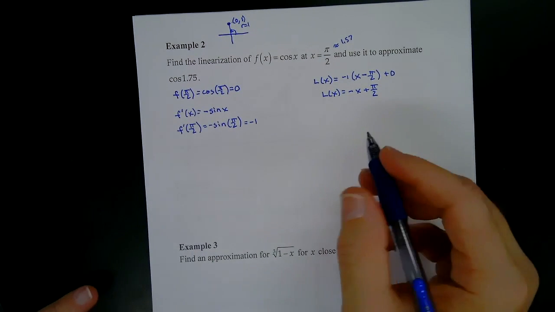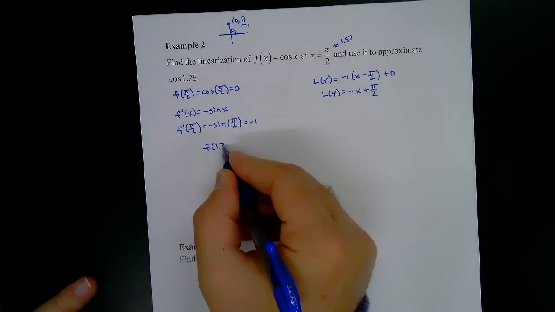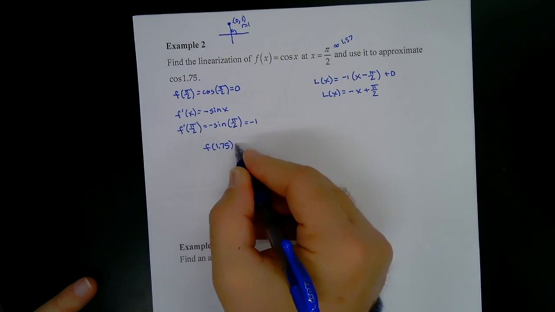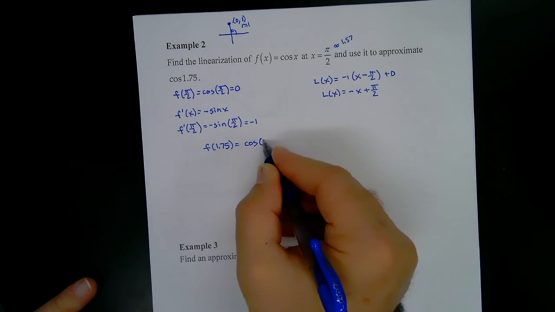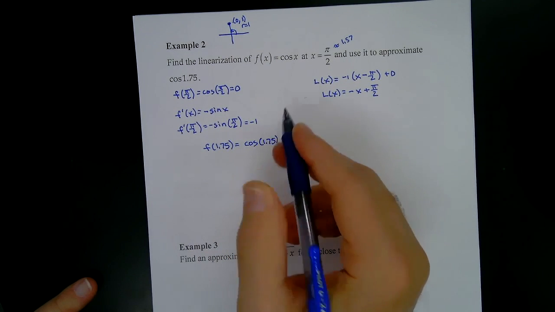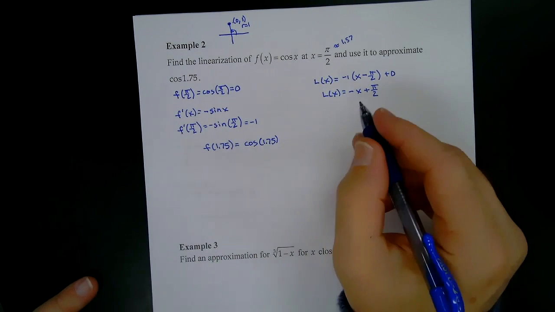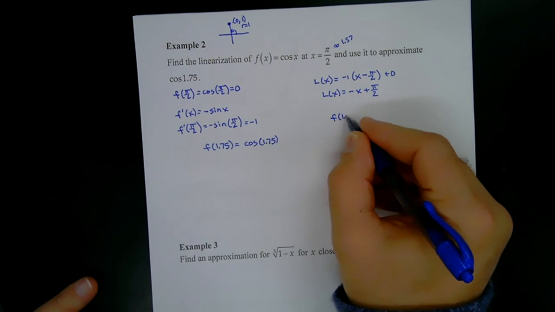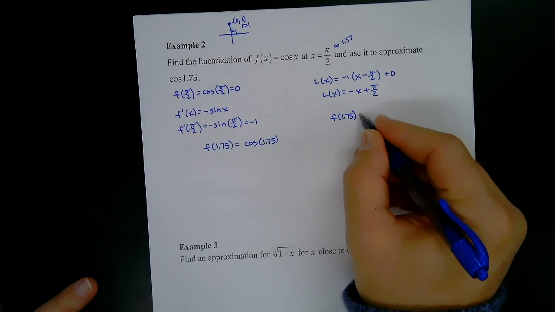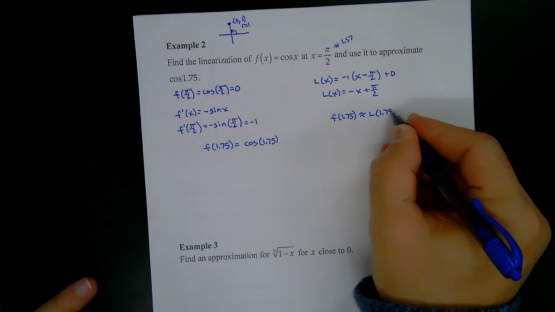All right, so f of 1.75 is equal to cosine of 1.75, because whatever you put in the function, you put in the cosine, right? Okay, so that means f of 1.75 can be approximated with L of 1.75.